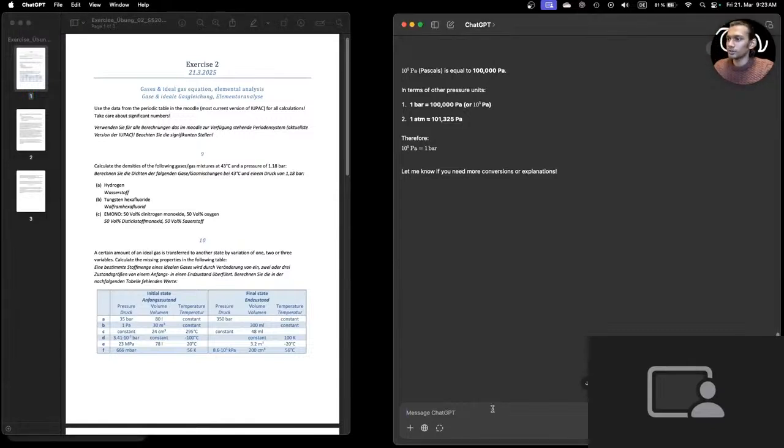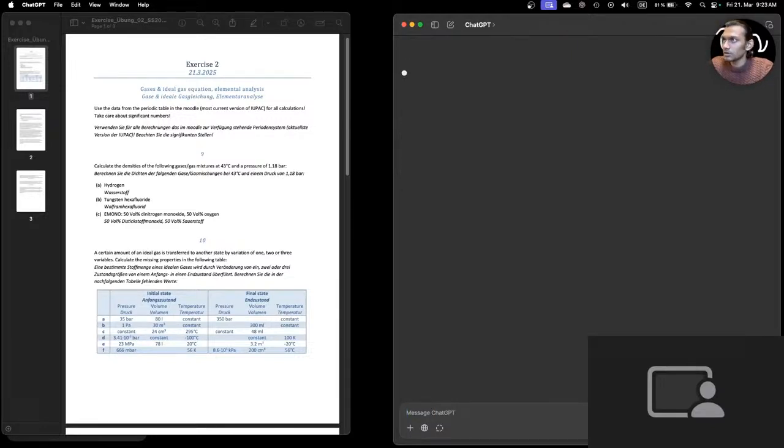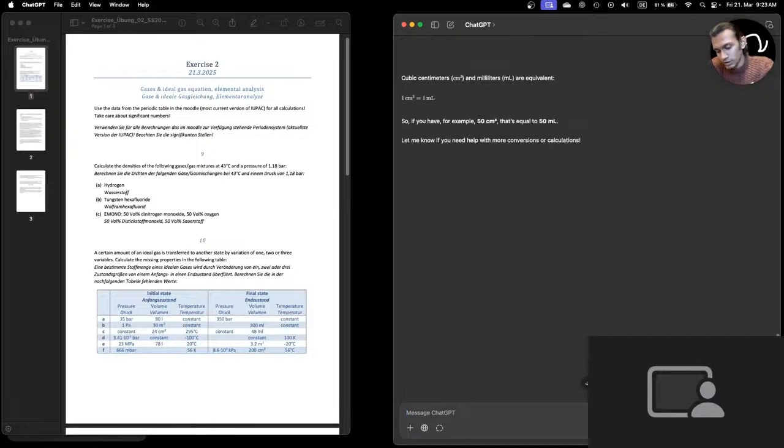Cubic centimeters to milliliters, how much? Okay, so it's equal, it's 24 milliliters itself.